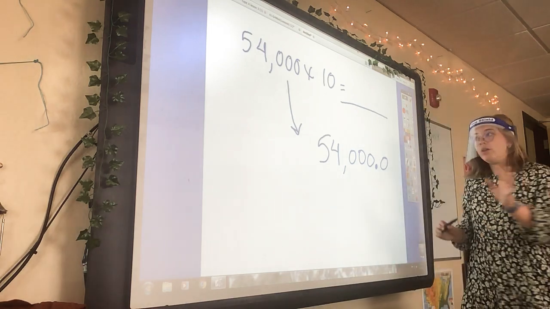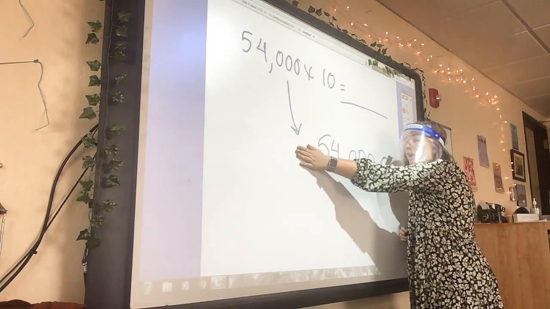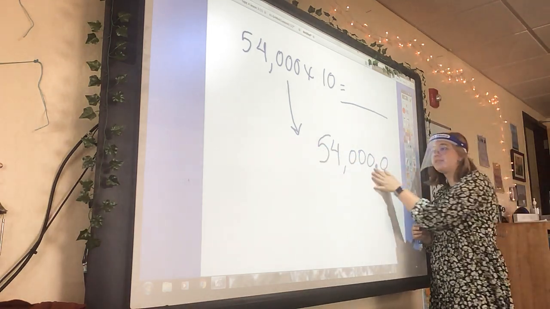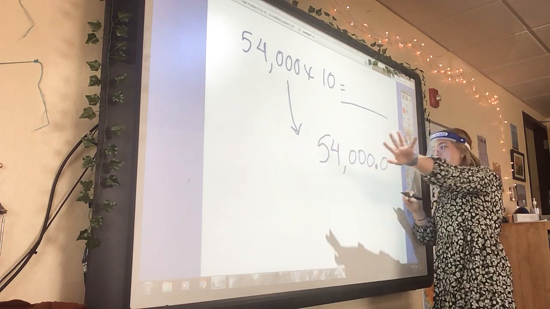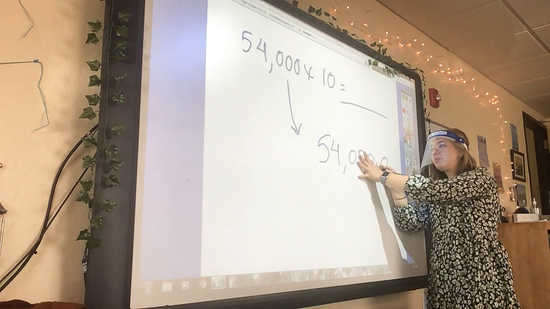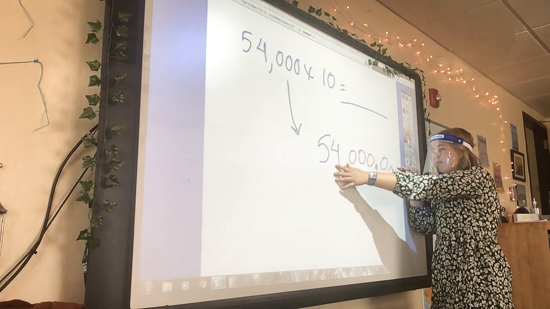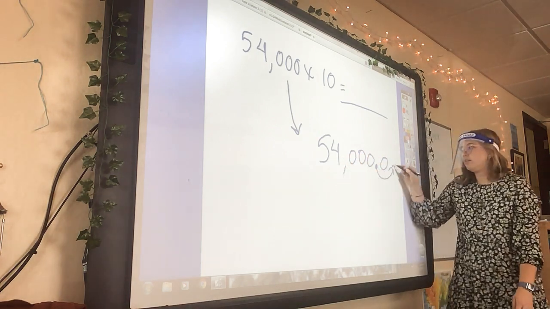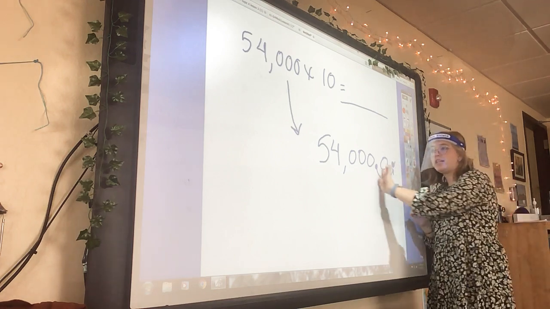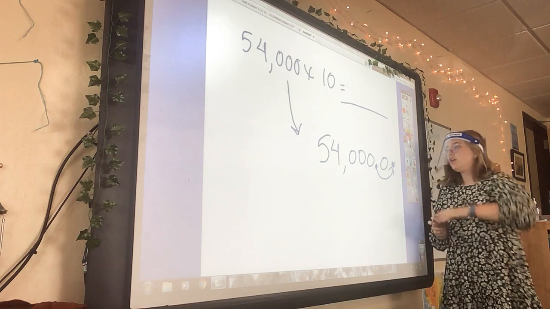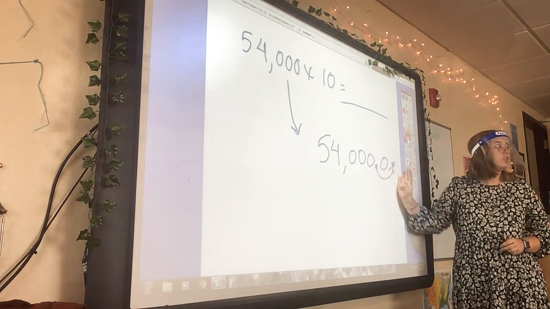Now, check it out. When it shifts left on a place value chart, we move away from the decimal, which means that the decimal moves to the right.